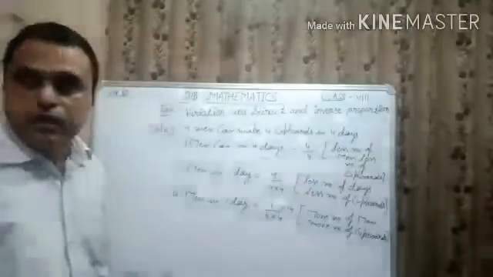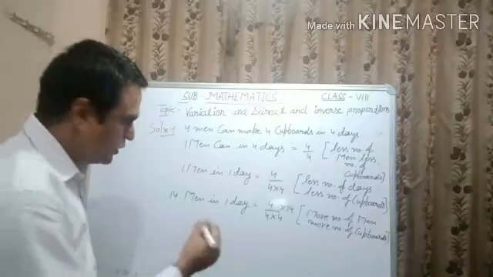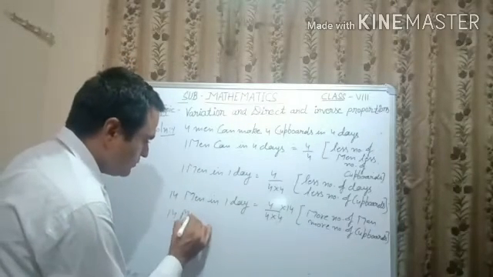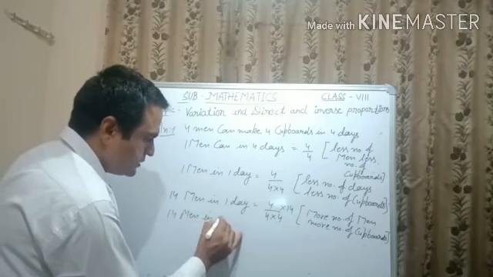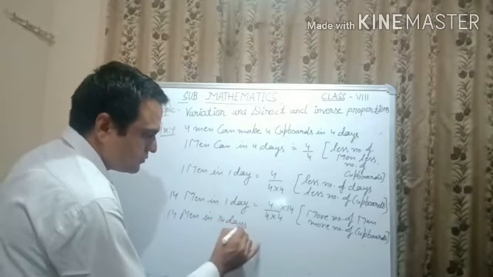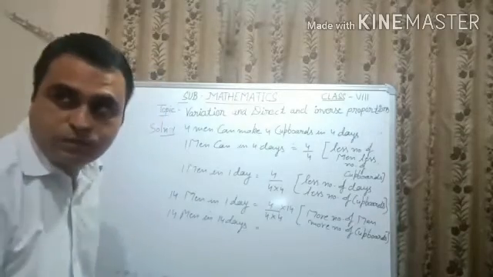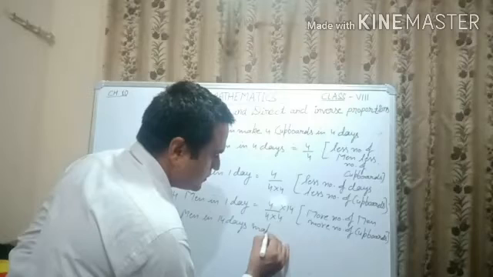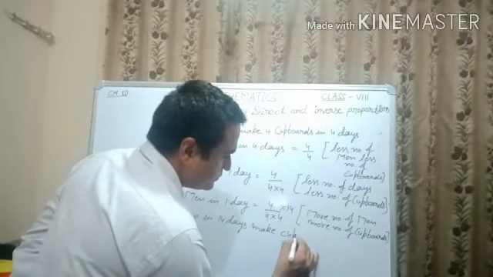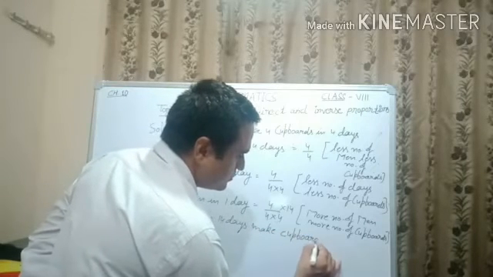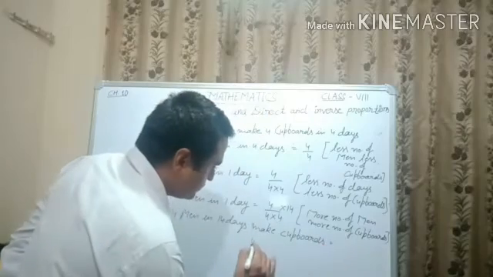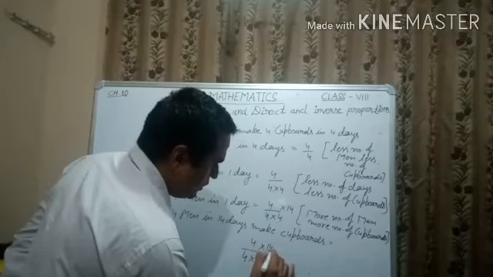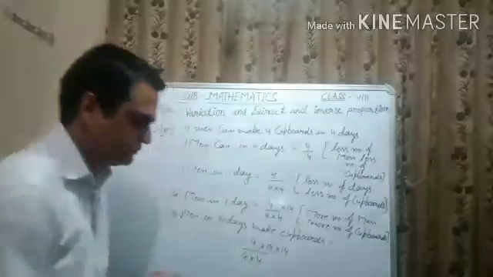Okay, if we have 14 men working for 14 days, the number of cupboards made equals 4 upon 4 into 4 into 14 into 14.